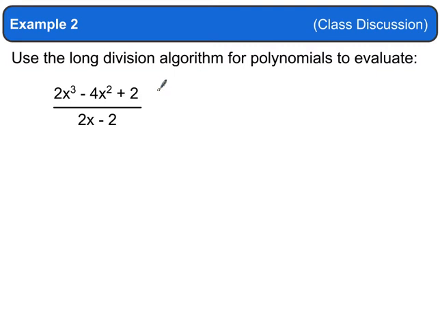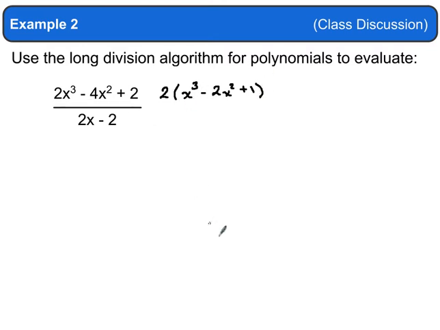And so there is a 2 that divides into everything in the first row. So that means if I divide 2 into everything here, I get x to the third minus 2x squared, and then plus 1.